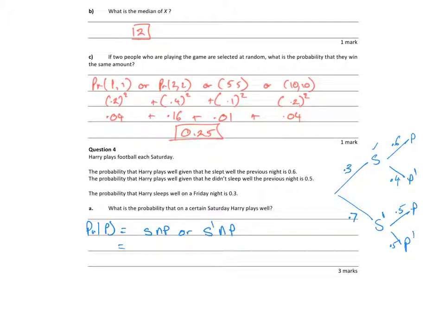Sleep well and play well is 0.3 by 0.6, plus sleep bad and play well, so 0.18 plus 0.35, which equals 0.53. Okay. Go back and look at our tree diagram.